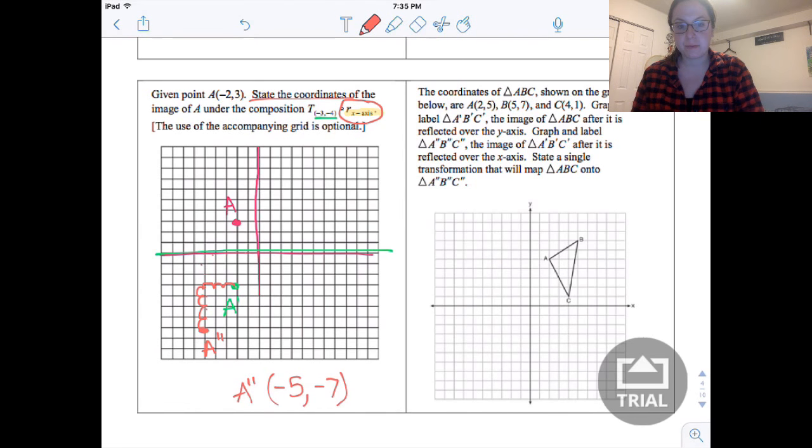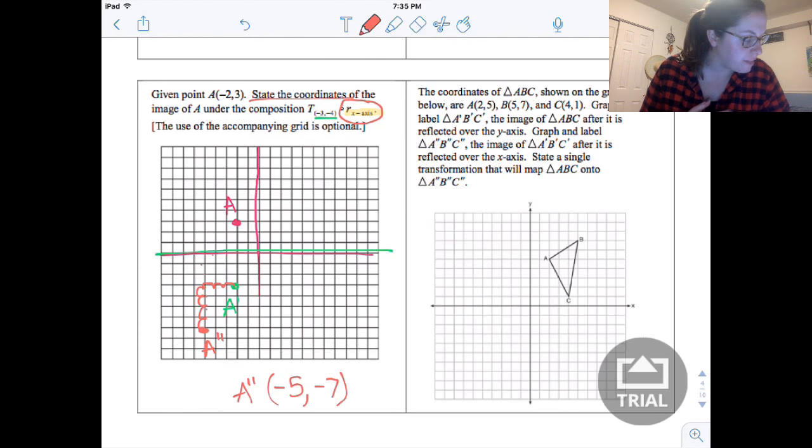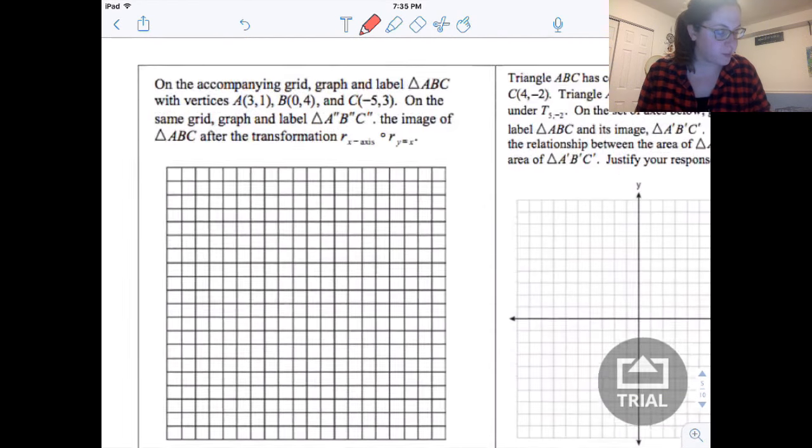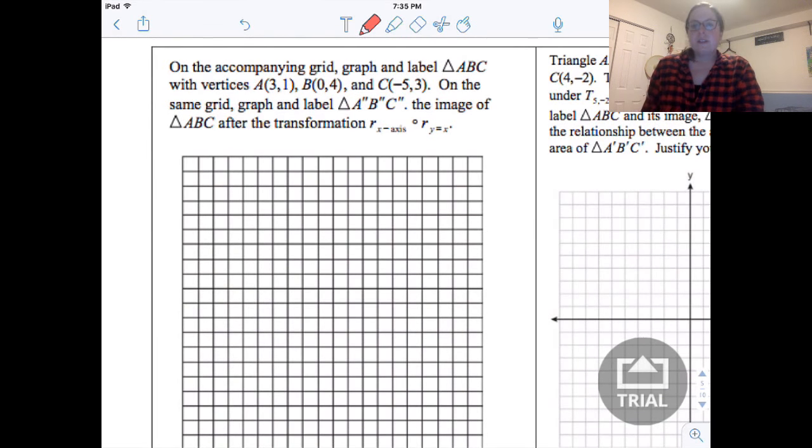All right, we're going to do another one of these. Let's see. Let's look at this one. On the accompanying grid, graph and label ABC, and then it says to find A double prime, B double prime, C double prime after a reflection over the line y equals x, and then a reflection over the x-axis.